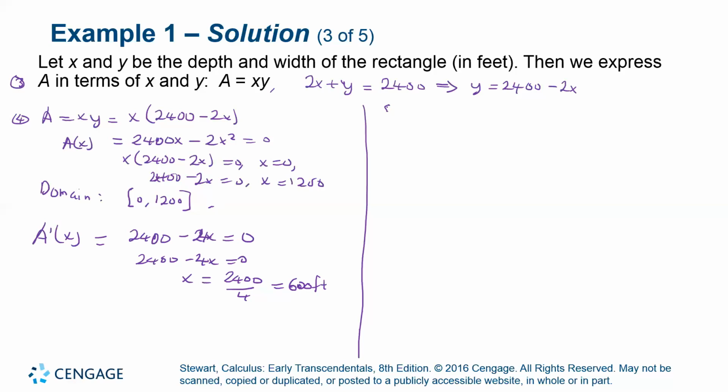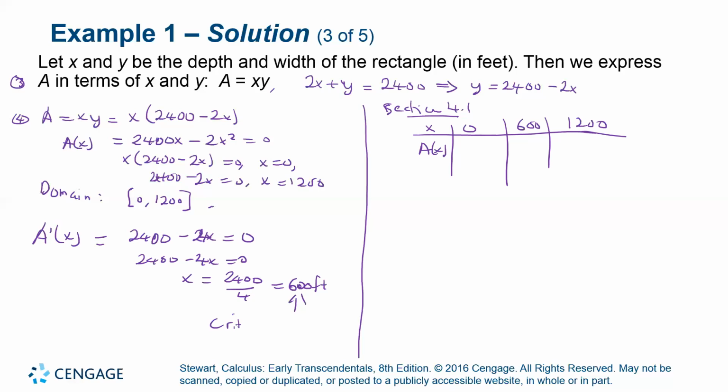Now, since it's a closed interval, we use section 4.1, where we find the absolute values of A of x. So we have 0, 600, and 1200. Don't forget, 600 is my critical number. When x is 0, the area is 0.